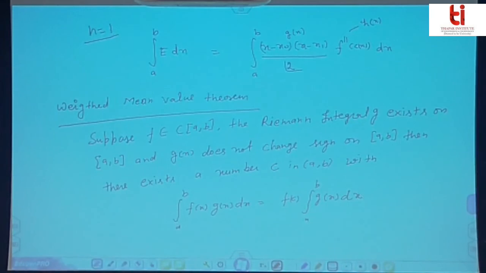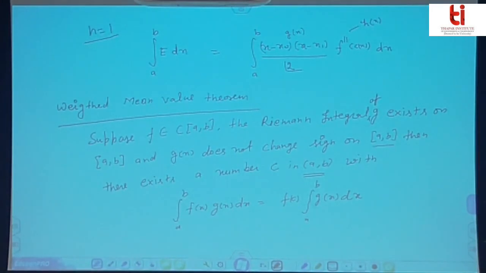Okay, suppose f belongs to C[a, b], that is, f is a continuous function on the interval. The Riemann integral of g exists on the closed interval [a, b], and gx does not change sign on the interval. Then there exists a number c in the open interval (a, b) with the integral of fx gx dx equal to f of c times the integral of gx dx.